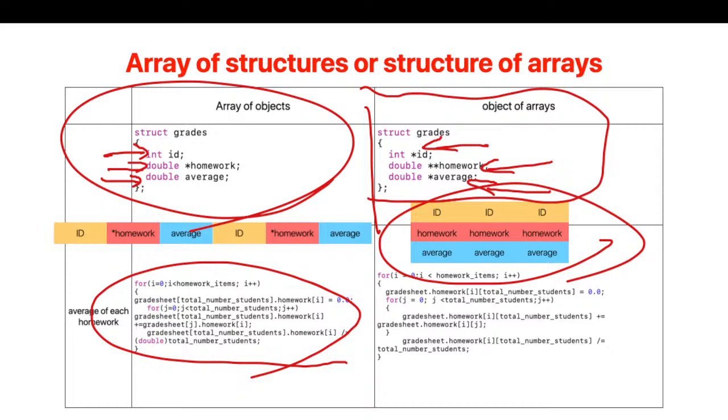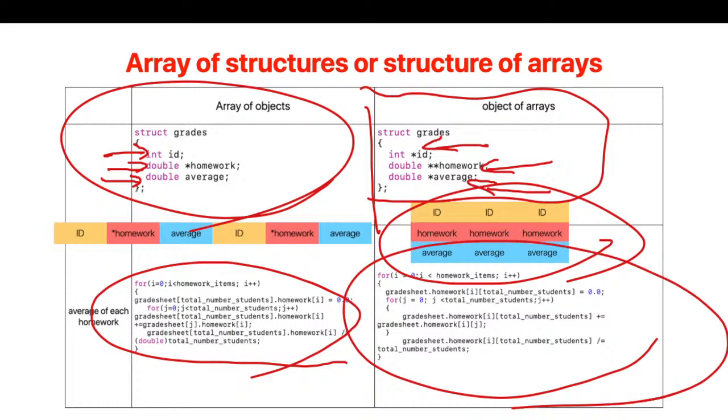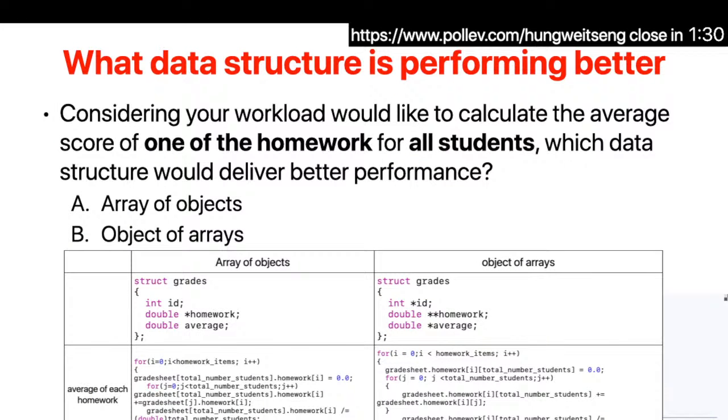This is what I will do. Based on these two data structures, I would write code differently, like the left-hand side. So now, which one is better in terms of performance? Just A and B.